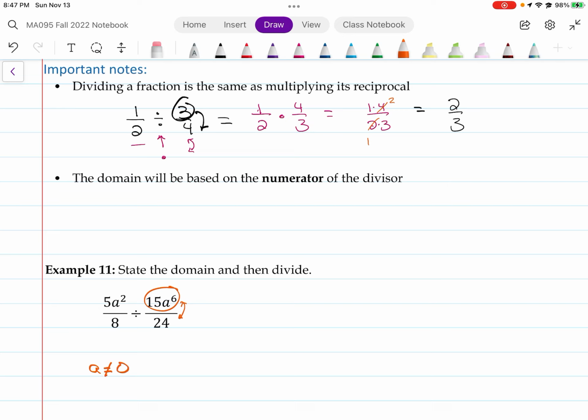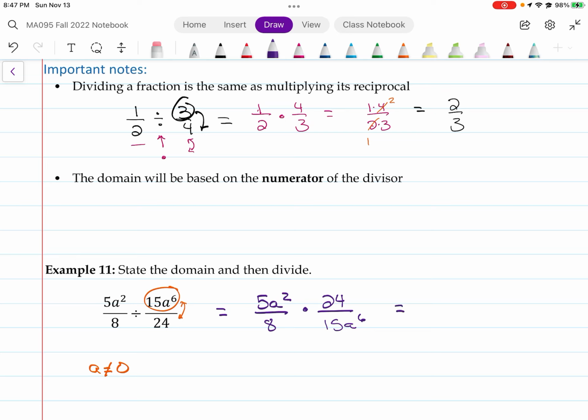Let's see why. Remember, keep the first one, 5a squared over 8, change to multiplication, and flip the second one, 24 over 15a to the 6. Now you see why a cannot be 0: it is actually on the bottom, because division is multiplication by the reciprocal.